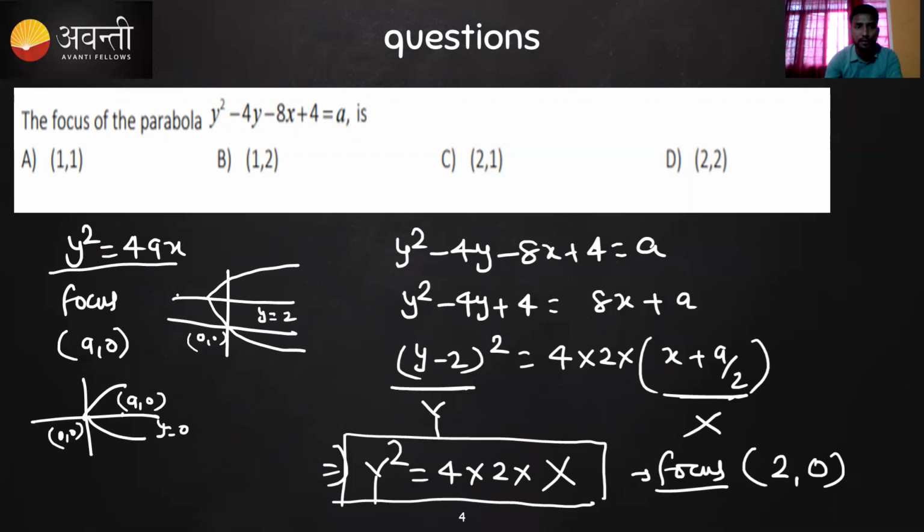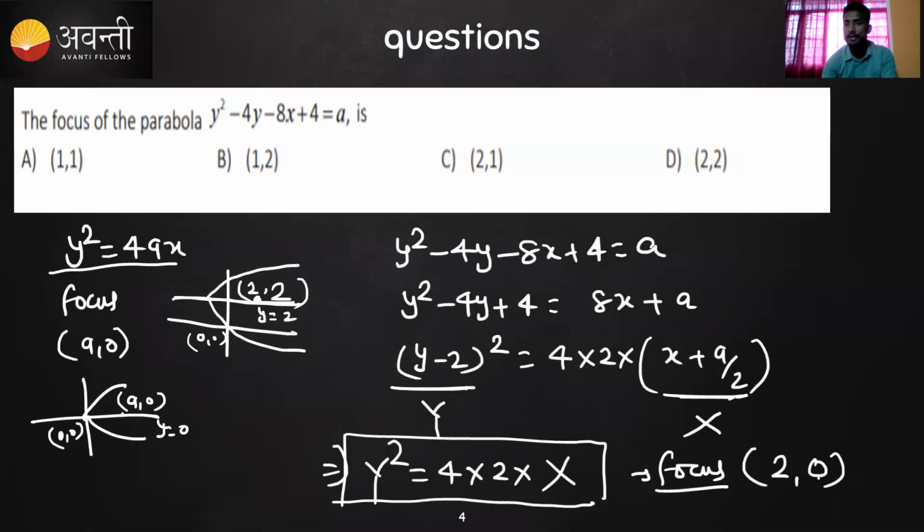So from here, where will the focus be? The focus will be somewhere here. You can see the y coordinate will not be 0. It will be 2 because it has shifted 2 units. And a is what? We know it is 2 only. So it will be 2 comma 2.